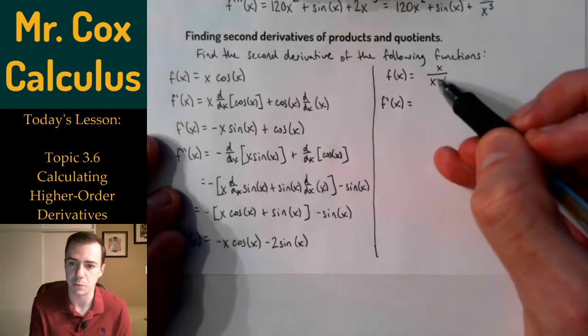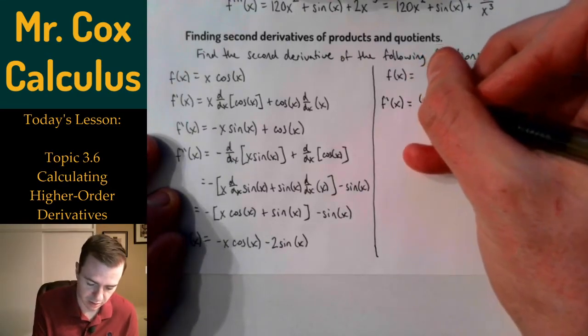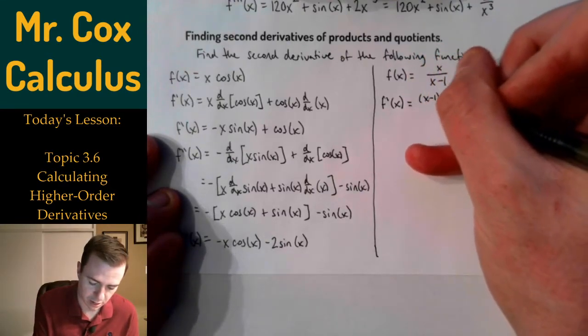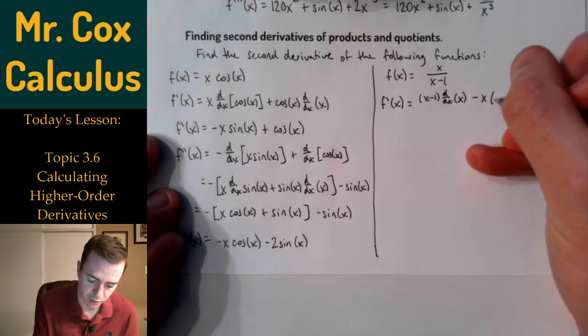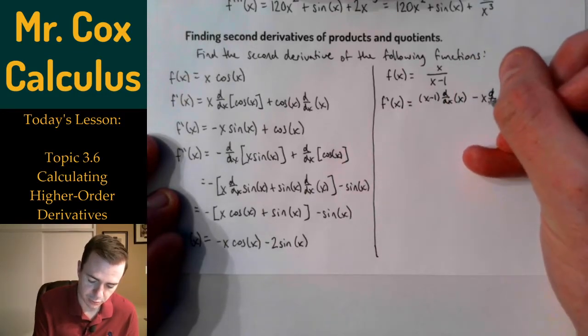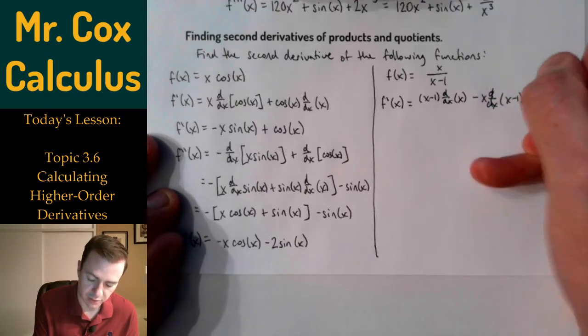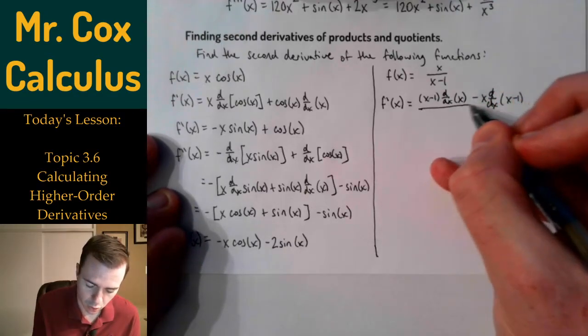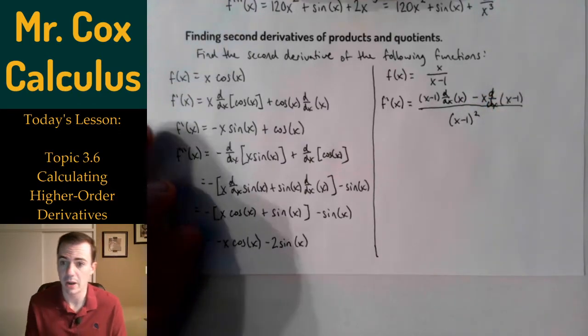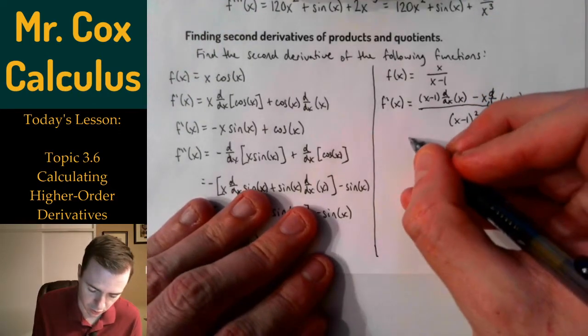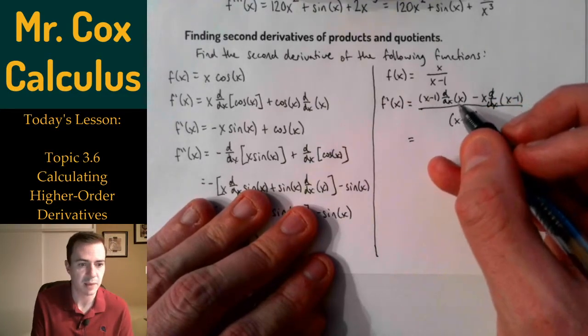To say that f prime of x is equal to the denominator times the derivative of the numerator minus the numerator times the derivative of the denominator, all over the denominator squared. All right, so let's take a look at what we get here. I get x minus 1 times the derivative of x.